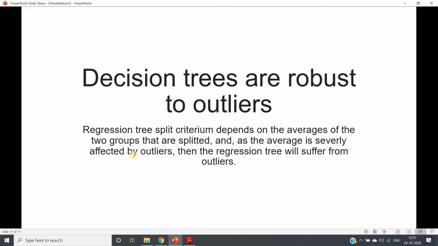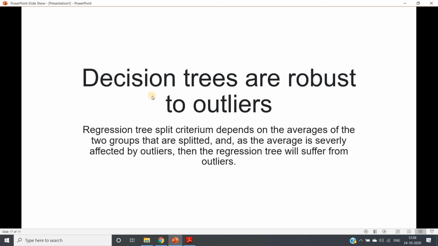So a single outlier highly affects the average, and then the regression tree will suffer from outliers, but not the classification tree, because it considers the maximum frequency, and outliers are generally present in a very small amount in our data set, so it will not affect it that much.